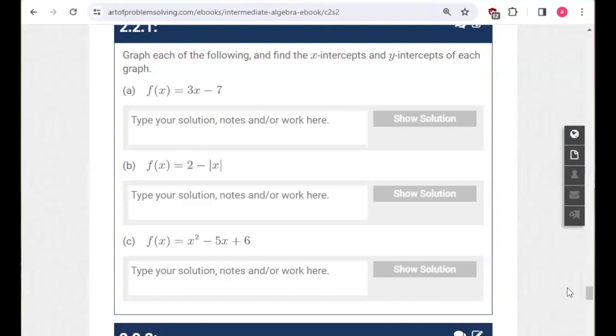Which I think of as 2 1/3. Okay. How are you going to graph this? Start from -7 and then go up by 3, I guess. Okay. Go ahead. Do you want to do it? Yeah. Okay.